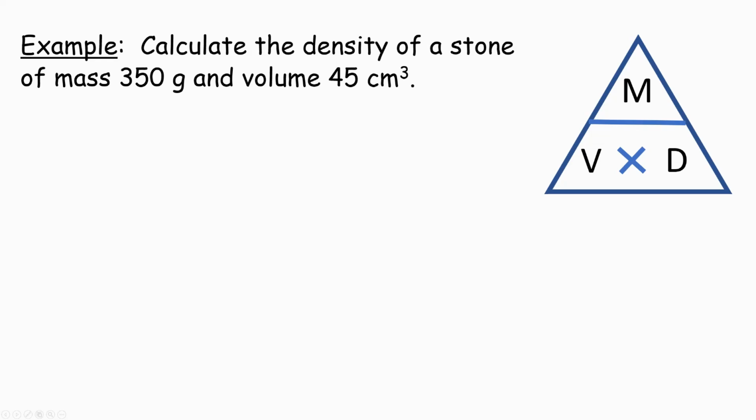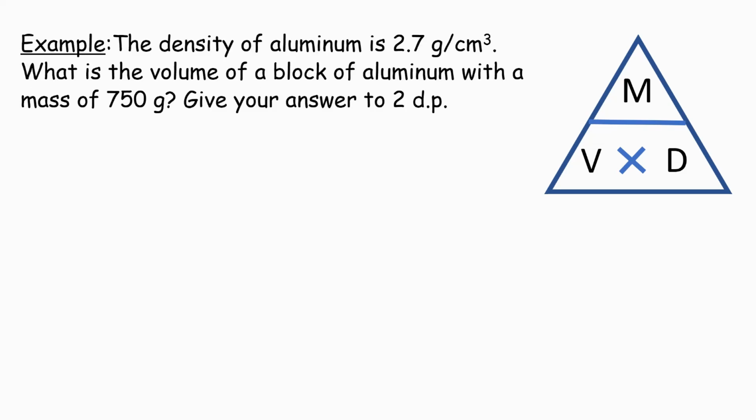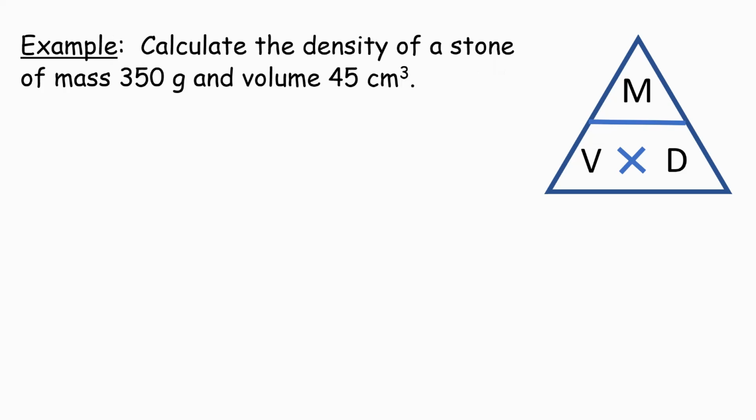So if I look at the example, calculate the density of a stone of mass 350 grams and volume 45 centimeters cubed. I want density, so I'm going to cover it up. So I cover up density, and that is mass over volume. The mass is 350 and the volume is 45, but pay attention to the unit.